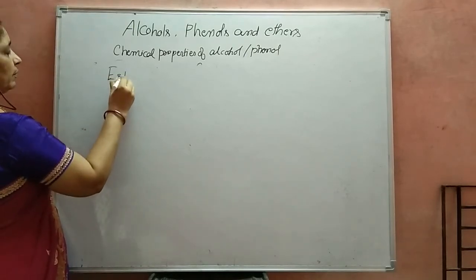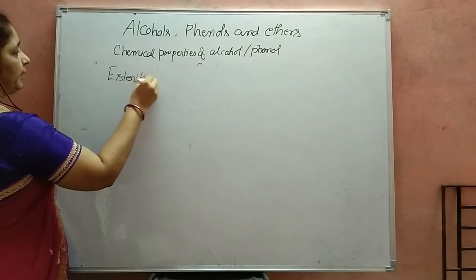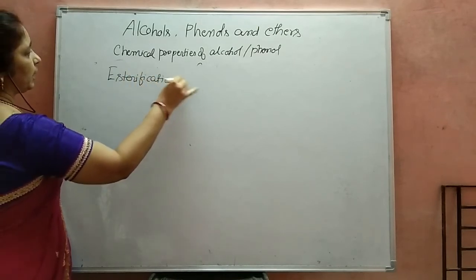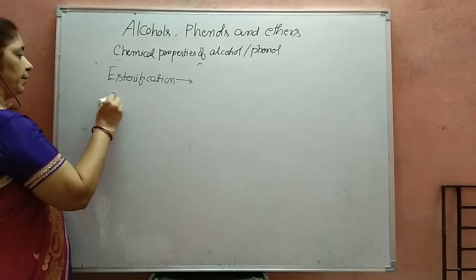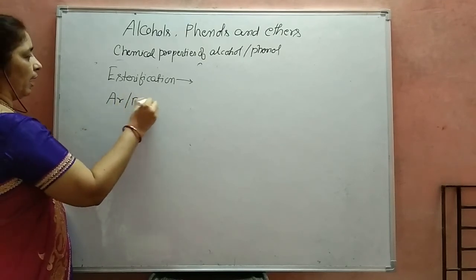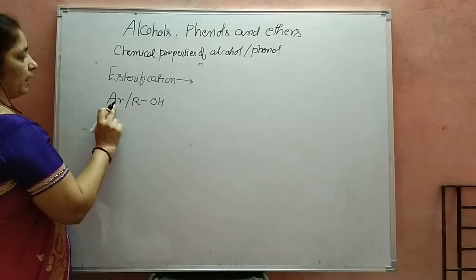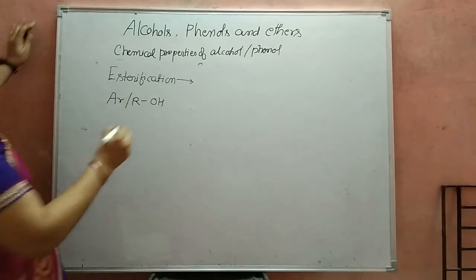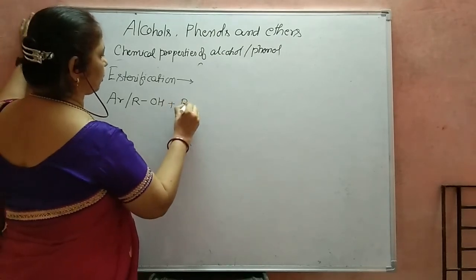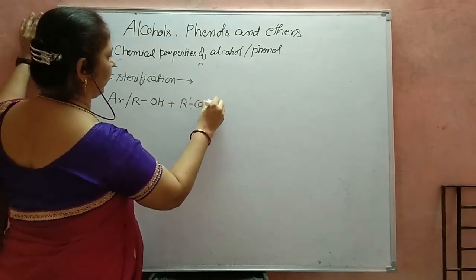Esterification. At this time we have to discuss the chemical properties of alcohol and phenol due to the cleavage of OH bond. Alcohol and phenol both are reacting with the carboxylic acid in the presence of... ArOH, ArOH मतलब phenol, ROH मतलब alcohol. These react with the carboxylic acid, suppose R-COOH.